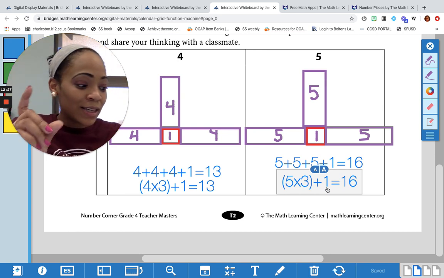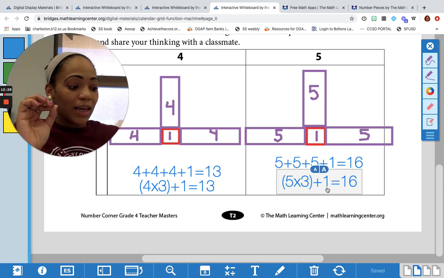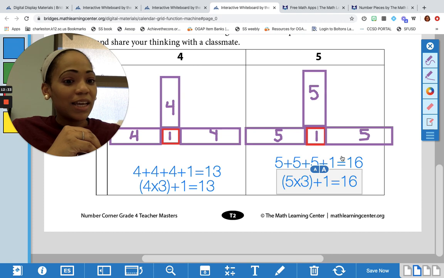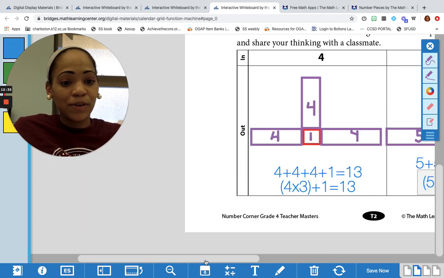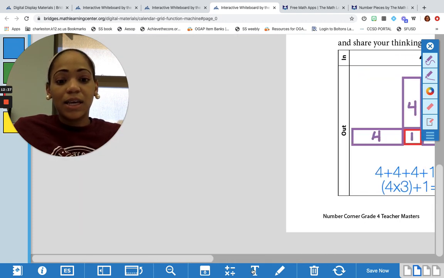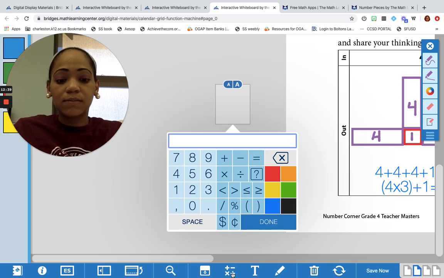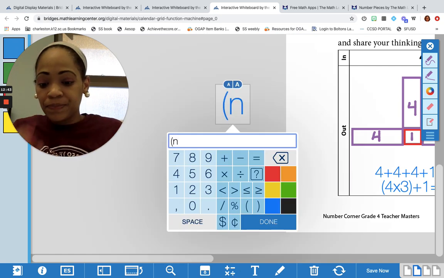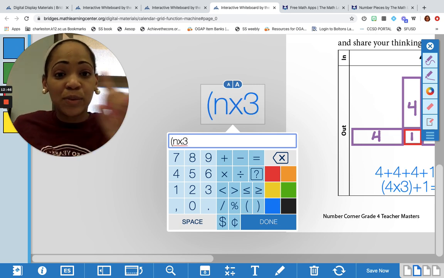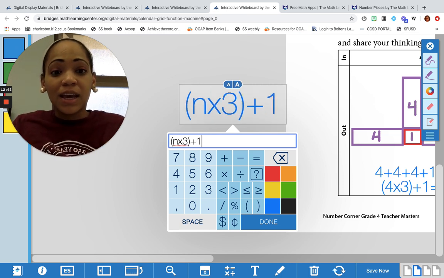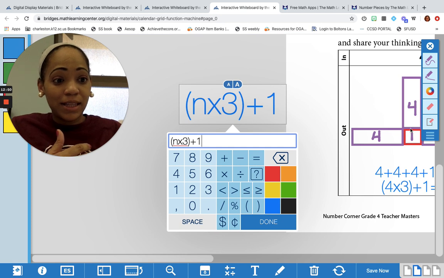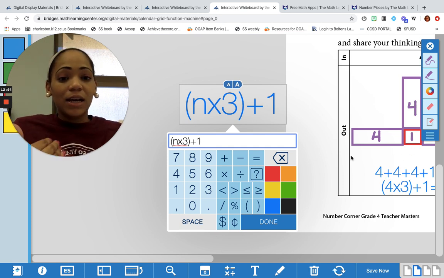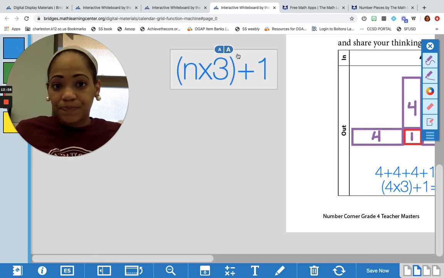So here is our expression for the rule. I'm going to write it over here: any number, so I'm going to put in for number, times 3, because we know we have those 3 arms, and then we add 1 for the one that's in the middle here, is going to give us our output.